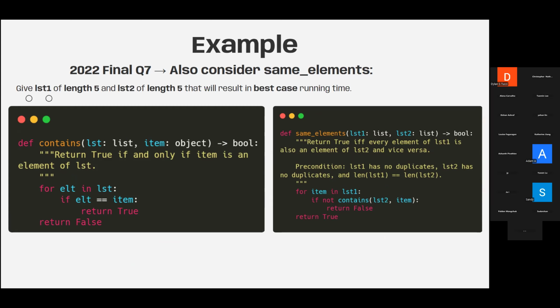You're going to give an example of list 1 and list 2, both of length 5, that will result in the best case. And remember, we're taking into consideration the number of comparisons. So I want to compare the least amount of times. I want to do less work. I'll give it like 30 seconds.